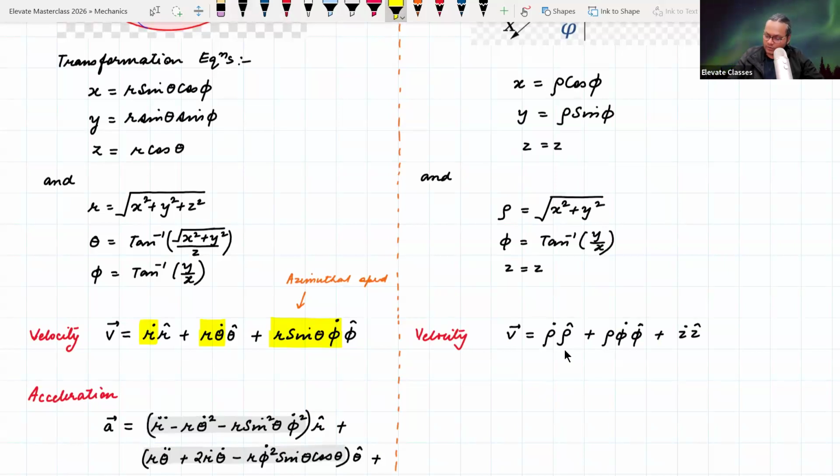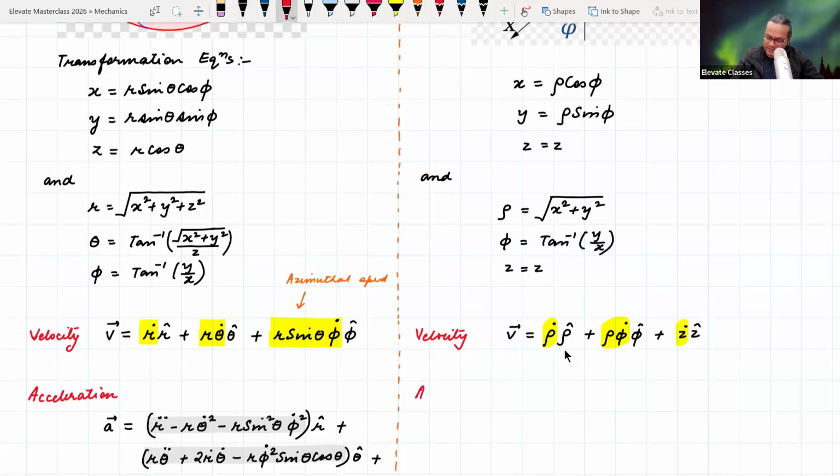Not difficult to remember. Okay, rho dot is the velocity vector along the direction which is radially outwards but perpendicular to the z axis. Rho phi dot again along the phi cap direction, and z dot along the z axis.